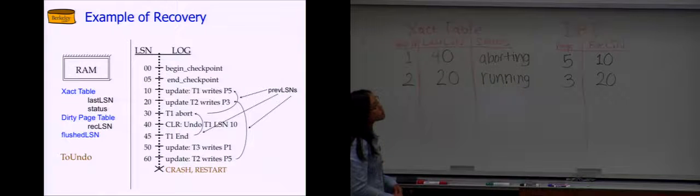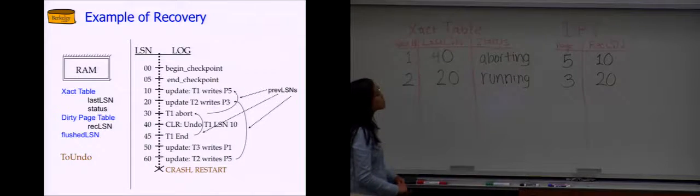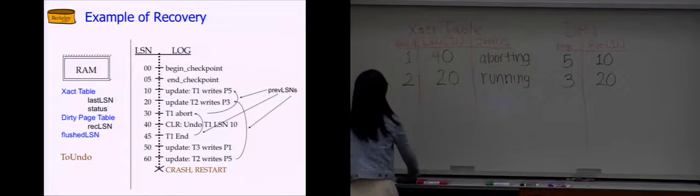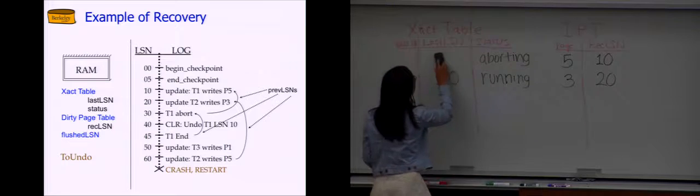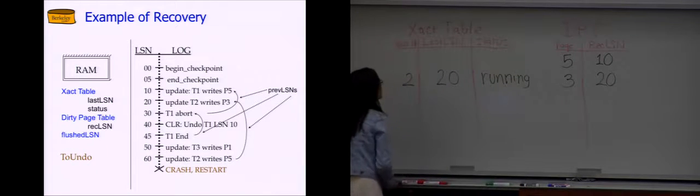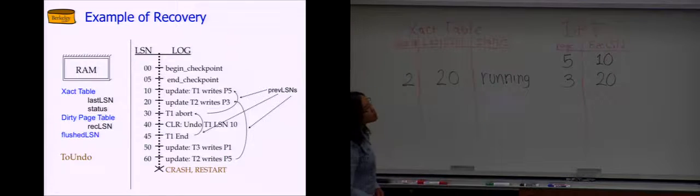Great. All right, log record 45. We're done undoing transaction 1, so we write an end log record for T1. Right? So do we change something in the transaction table? What do we do? Remove T1 from the transaction table. All right. We need no record of T1 anymore. Note that the prev LSN of 45 is 30 because, wait, that's a bug.